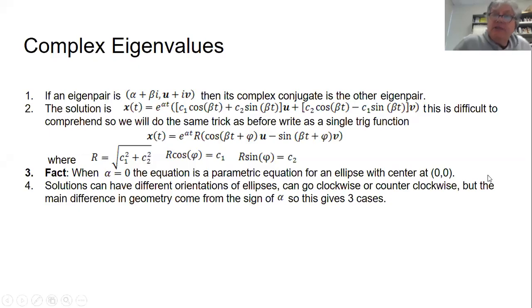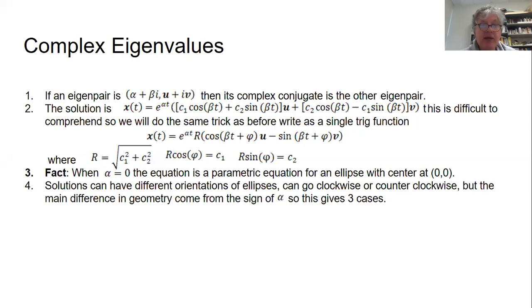Okay, so we've taken care of the case of real eigenvalues. Let's have a look at complex eigenvalues. Okay, so we have one eigenpair, and its complex conjugate is the other eigenpair. So the solution is what we see there.